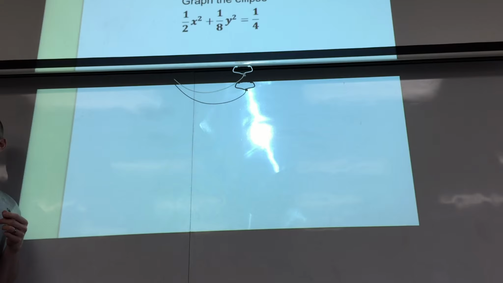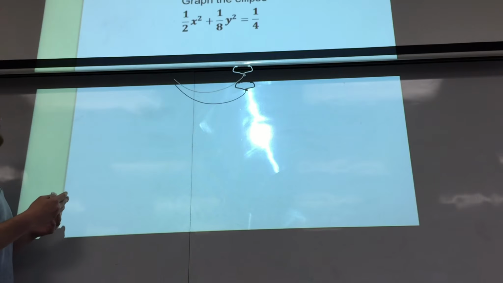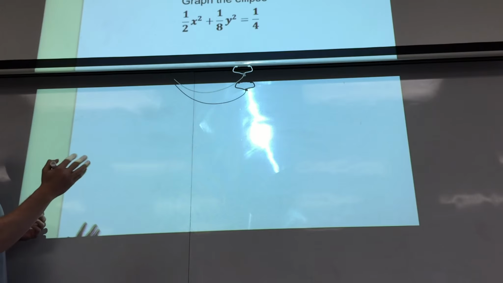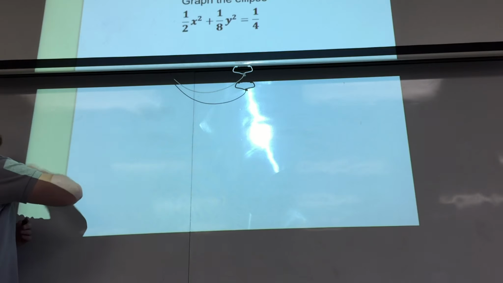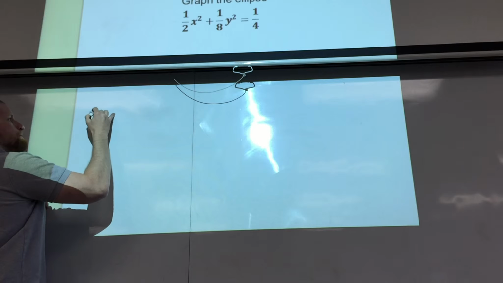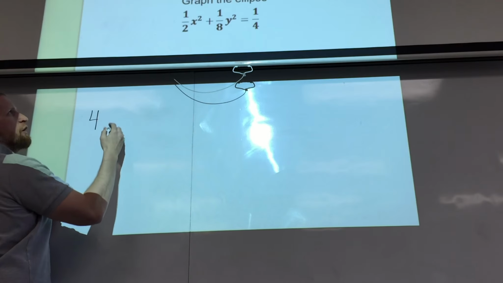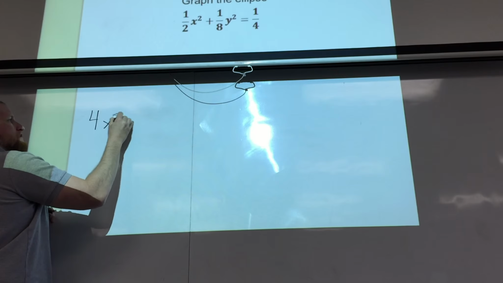Here it is. First thing I would do if I was doing this problem, I need the thing on the right-hand side to be 1. So I have to change 1/4 to 1, and I would do that by multiplying by 4. Everything has to get multiplied by 4. So the 1/2 x squared would become 4x squared over 2.